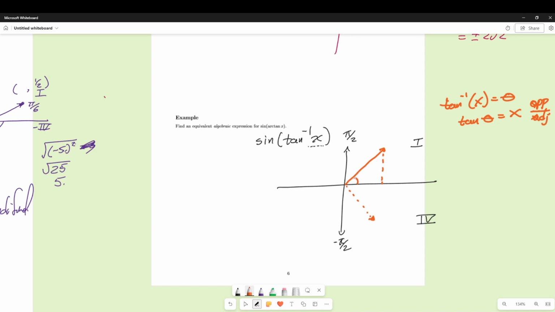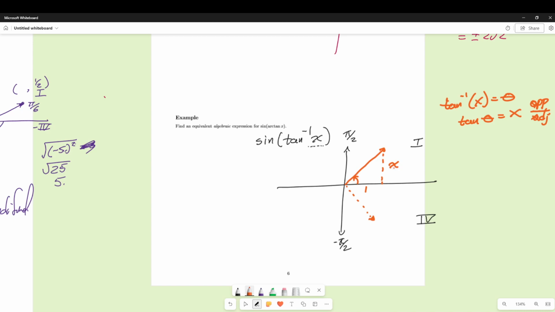So if this is our angle, then that's x and that's 1. If the x value happened to be negative, then the x would be down here, and it would just be a negative number down there. But notice it would still be a positive 1, because we're positive in that quadrant. So we haven't lost generality yet.